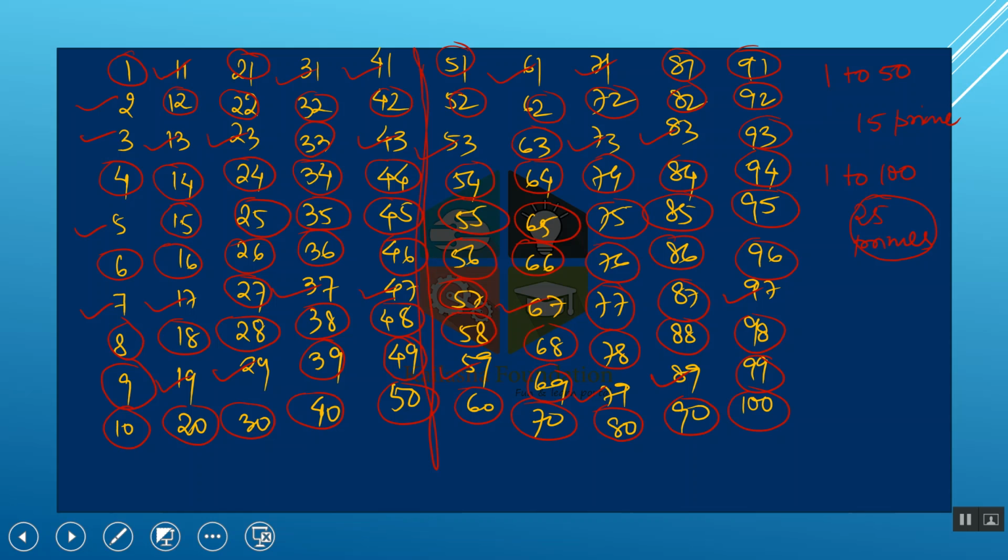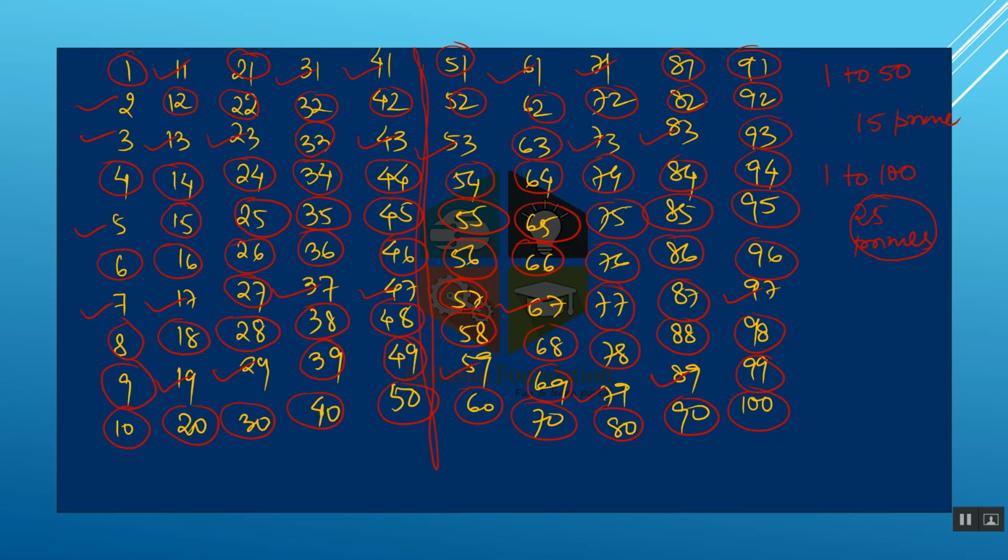Now composites are obviously more than 50% because in any given set, if 1 and 2 are not there, if we start from 3, in any continuous set of natural numbers, 50% are even and 50% are odd, and those even numbers except 2 are divisible by 2, so those are composites.